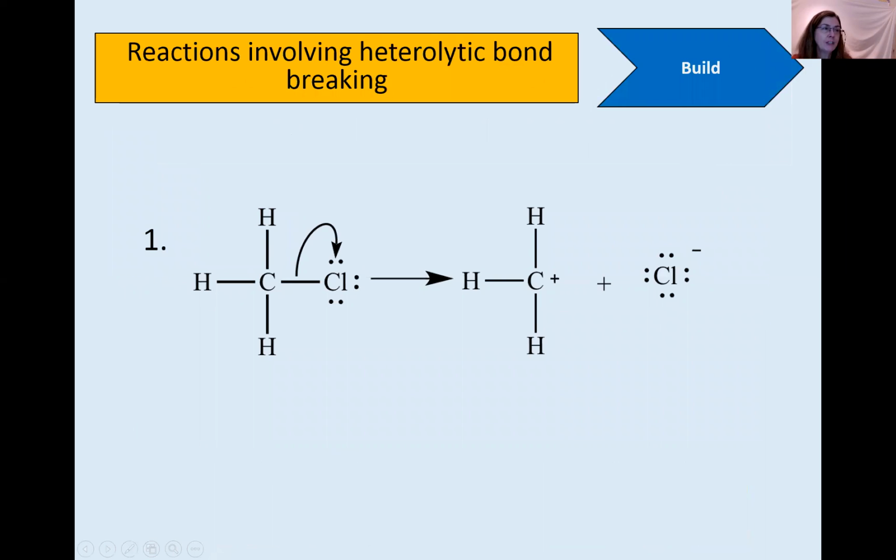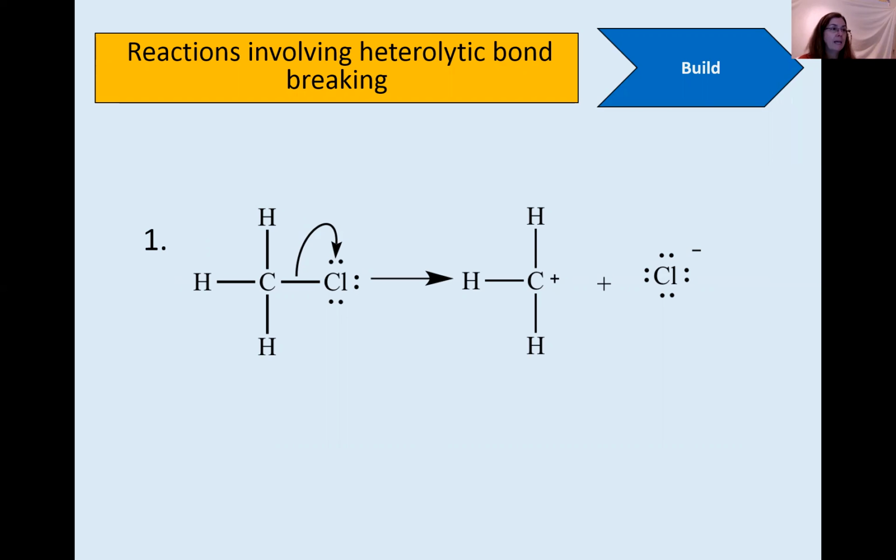Okay, so reactions involving heterolytic bond breaking. So we're going to talk about curly arrows, and I know Miss Priest has started to use them. These are called curly arrows, and we use them in mechanisms. It shows us how electrons move, and when I was at university we used to call it pushing the arrows, but I'll talk about that convention later.